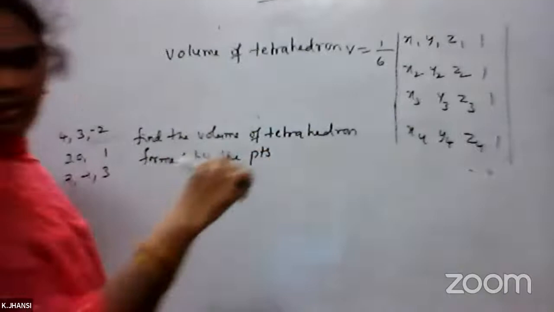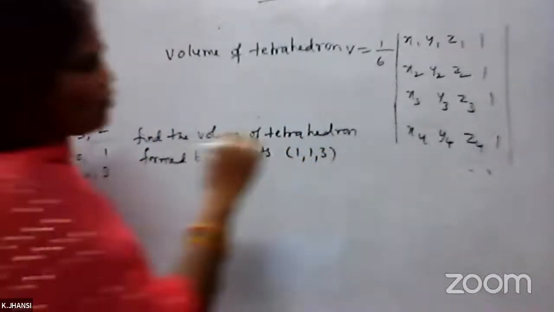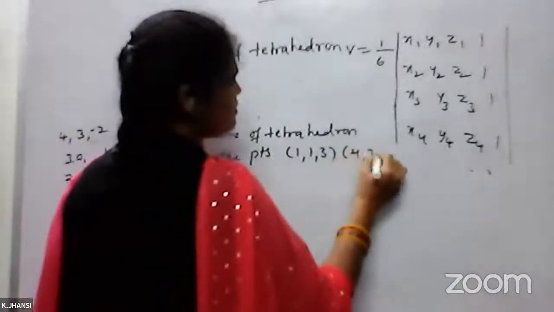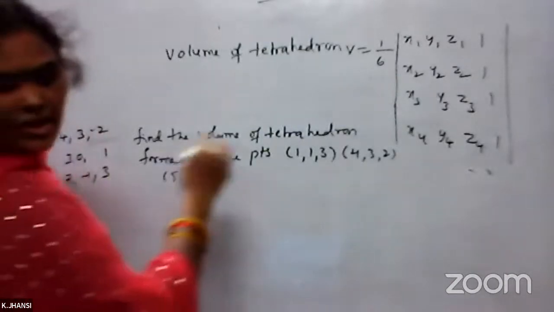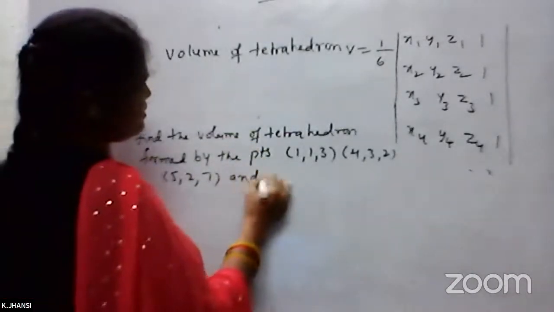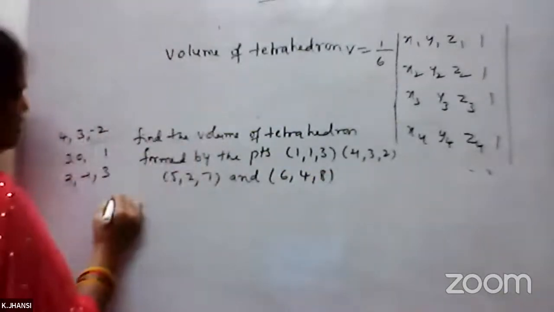Here the points are 1, 1, 3. Next we have 4, 3, 2. Next 5, 2, 7. And the last one is 6, 4, 8. Okay, so substitute in them.